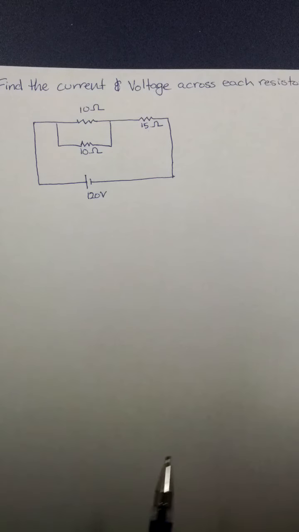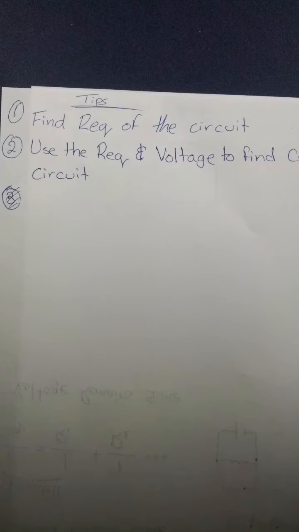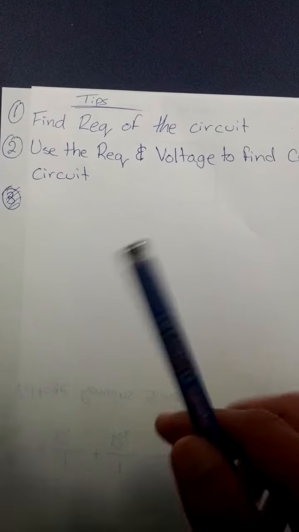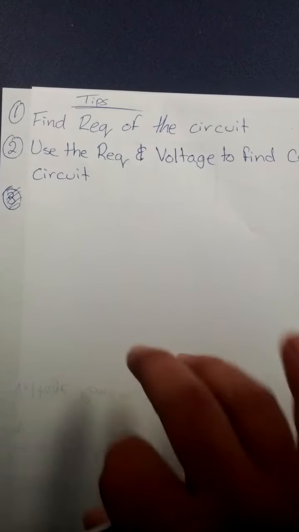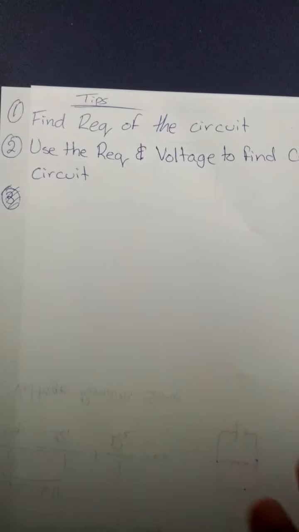So I wrote down a few tips on how you would solve something like this. Really I could make longer tips, but there are 2 tips in general which you should follow for every question like this. You should find the REQ. Like I discussed above, we already know what REQ is, but you should find the REQ of the total circuit and of just the parallel ones separately.